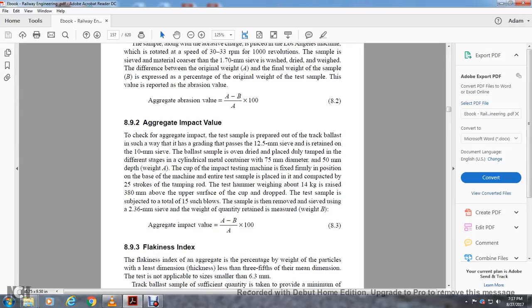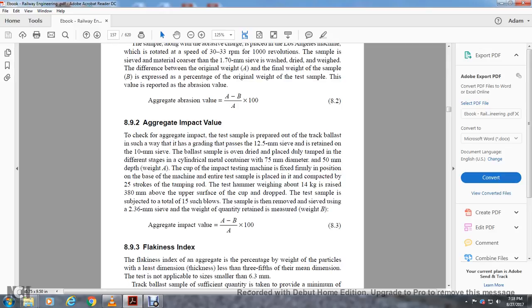The aggregate impact value. The aggregate impact test sample is prepared from the track ballast in such a way that the grading is passing the 12.5 millimeter sieve and retained on the 10 millimeter sieve. The ballast sample is oven dried and placed, duly tamped in different stages, in a cylindrical metal container of 75 millimeter diameter and 50 millimeter depth, weight A. The cup of the impact testing machine is fixed firmly in position on the base of the machine.